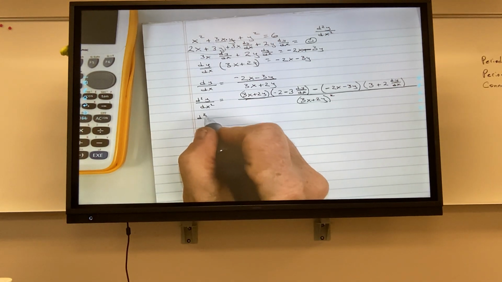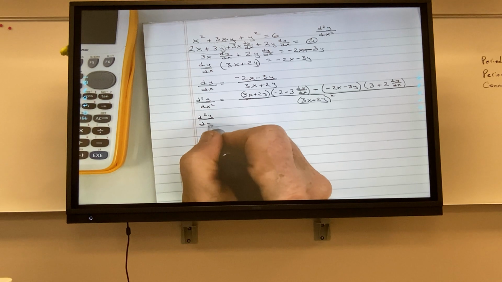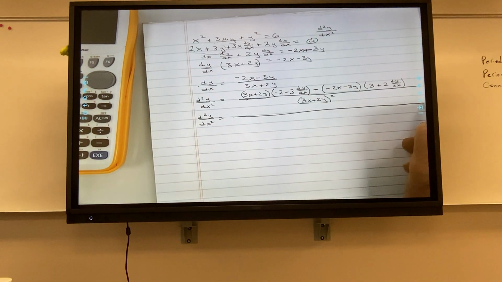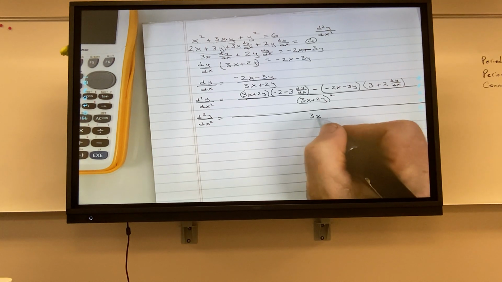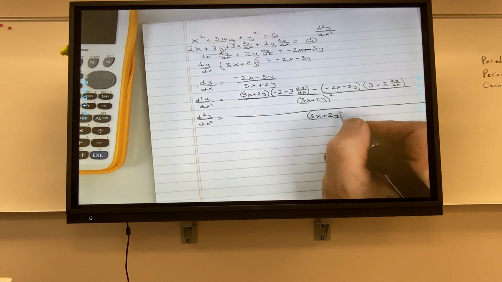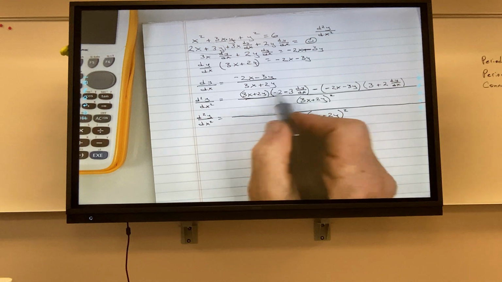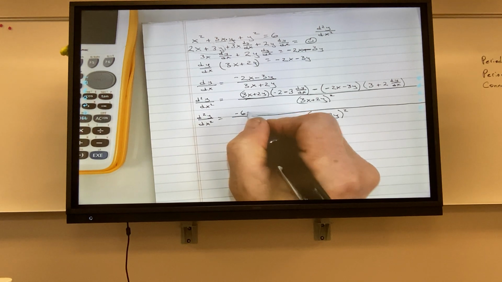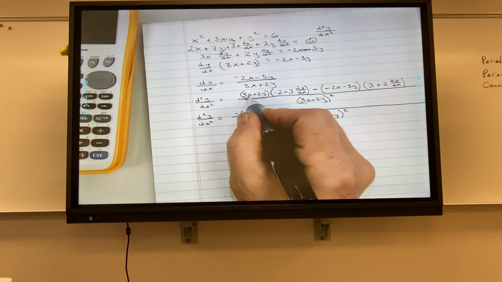Then what I did, I multiplied this up. I FOILed it. And I got a negative 6x when I multiply these two.